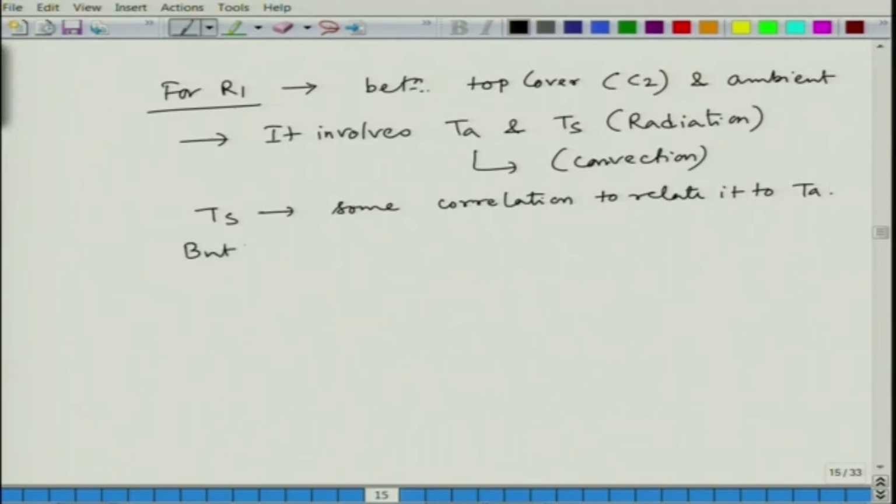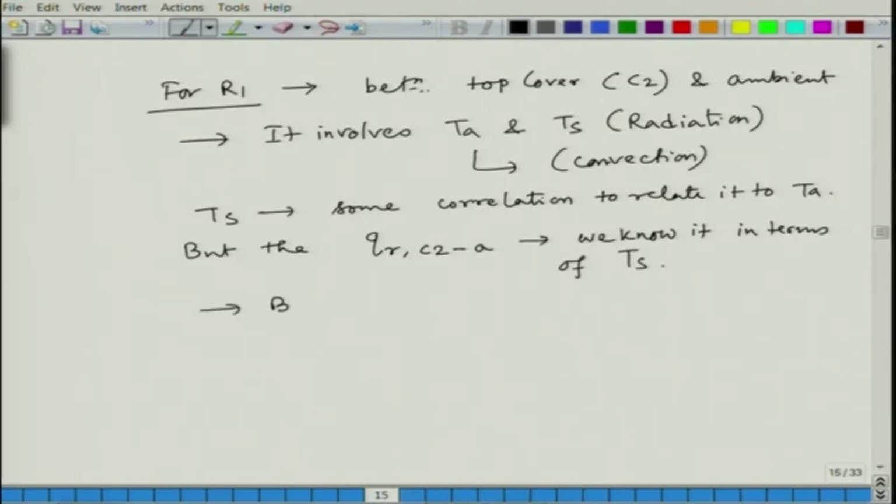But the radiation heat transfer, that is Q_R between C2 and ambient, we know in terms of the sky temperature T_s.